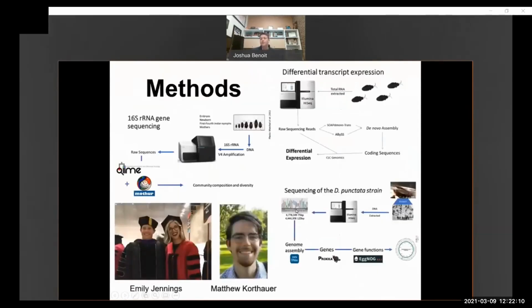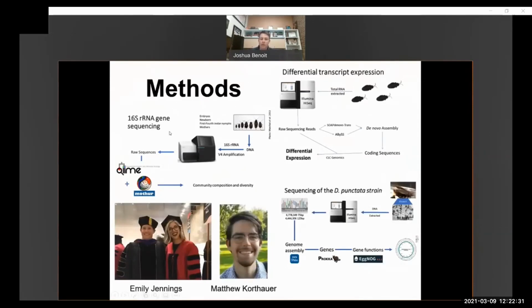And so this was a lot of work by one of my former graduate students, Emily Jennings. She's now a researcher at AstraZeneca, and a very good undergraduate, Matthew Korhauer. And so to understand this system, we didn't really know much about the molecular mechanisms of live birth in Diploptera.